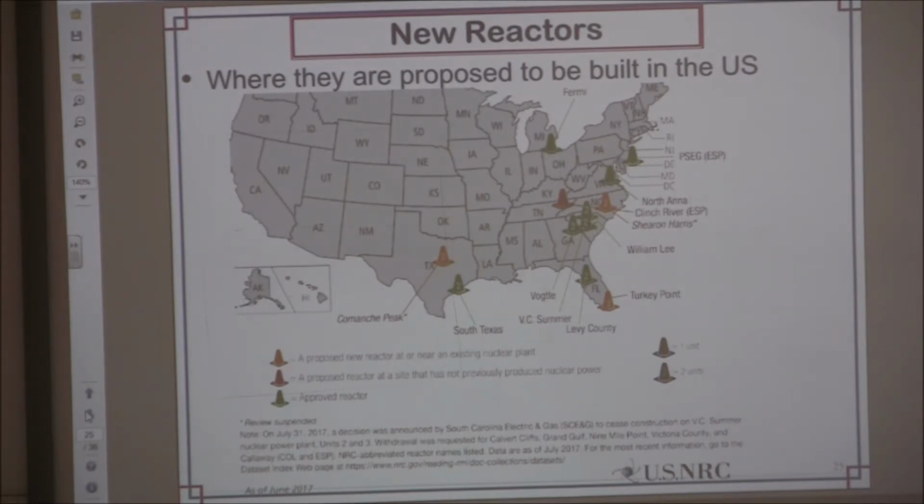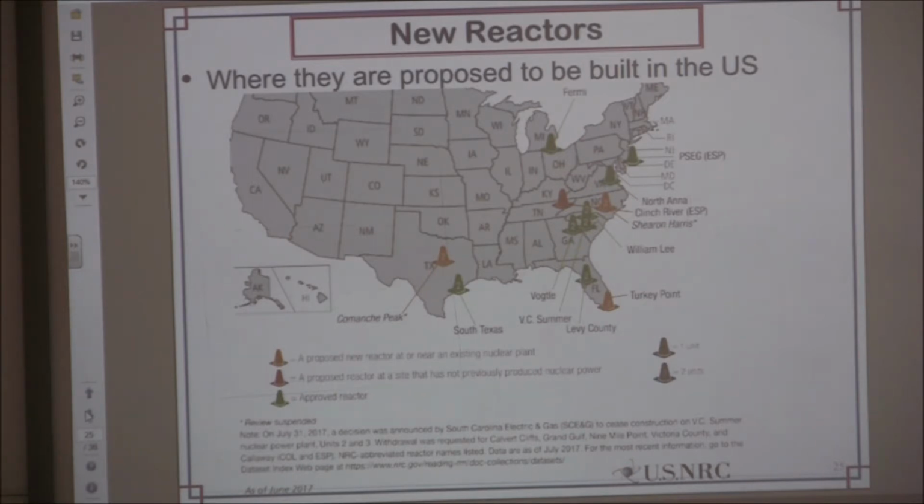In the US, where are we looking to put new reactors? You can see there is a lot of colors there, right? Approved, proposed, but look at the date here. June 2017, this is what was proposed, maybe a dozen or so. South Carolina Electric and Gas ceased construction, right?